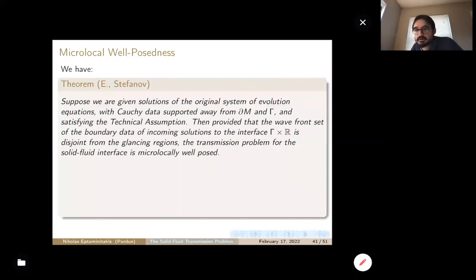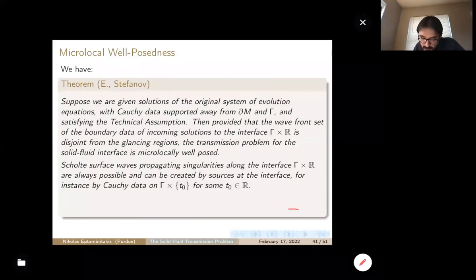So we can actually find an approximate solution up to smooth error. And also, if you're willing to consider Cauchy data on the interface, then those Scholte surface waves are possible.